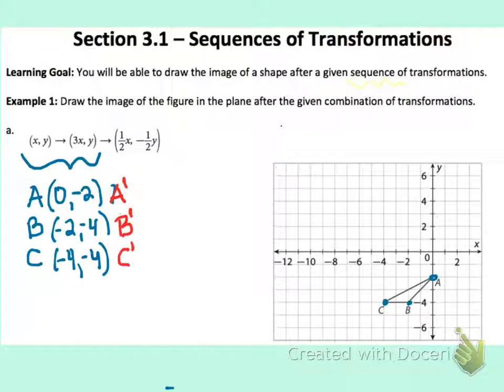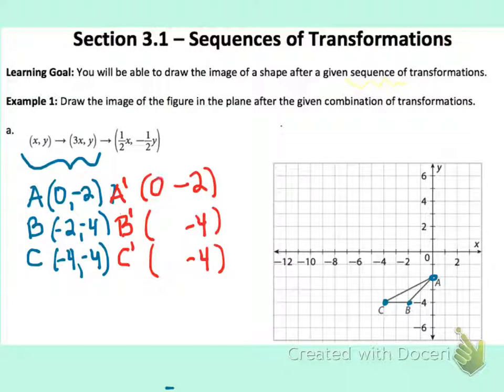So if I multiply each of the x's by 3, I'll do the x's first, and the y's are going to stay the same. So actually we could write the y's down. They're going to stay the same. This is still going to be -2. This is going to be -4, and this is going to be -4. But I'm going to triple the x's, so 3 times 0 is still 0. -2 times 3 is -6, and 3 times -4 is -12.